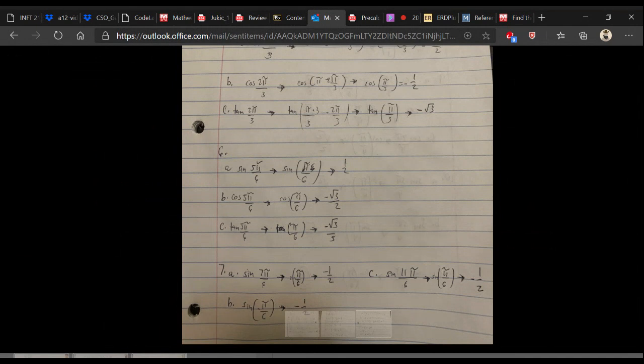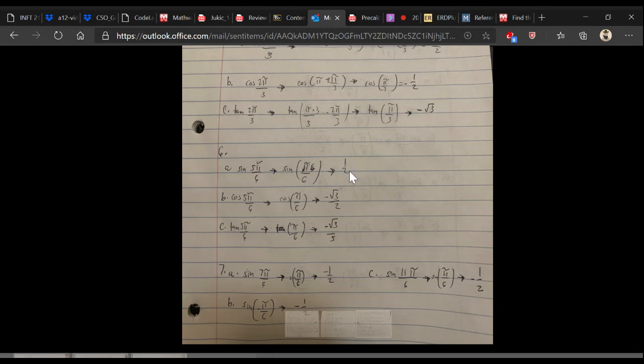Right. So in quadrant 2, we use sine of its reference angle. And in quadrant 2, is the sine value positive or negative? Positive. So that's why sine 5 pi over 6 equals sine pi over 6 equals one half.